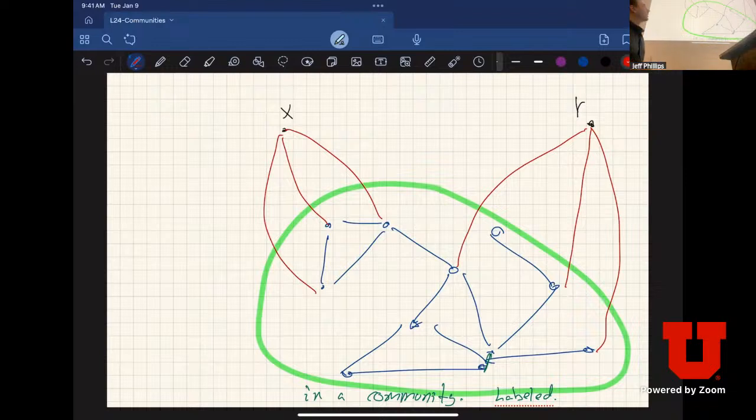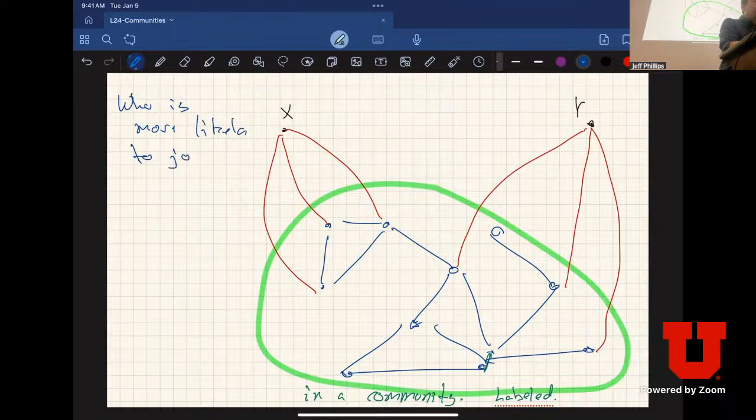But the structure of those 3 edges is different. And I can ask of these 2 choices, who is more likely to join the group? X or Y?